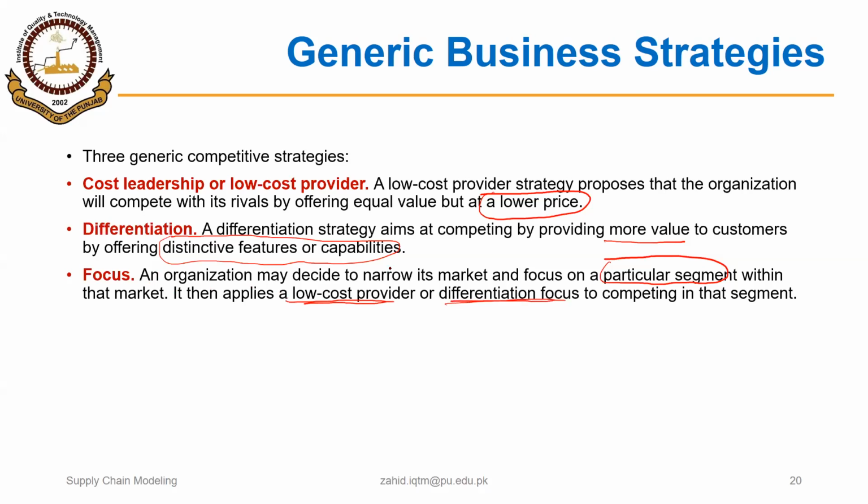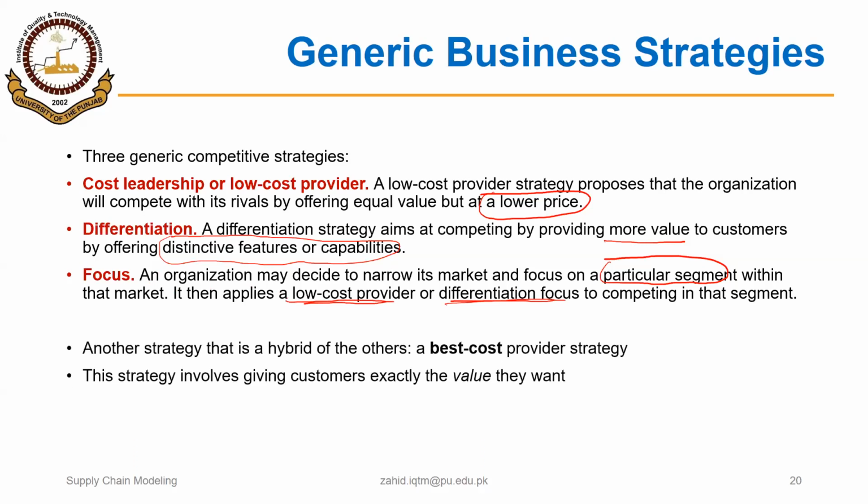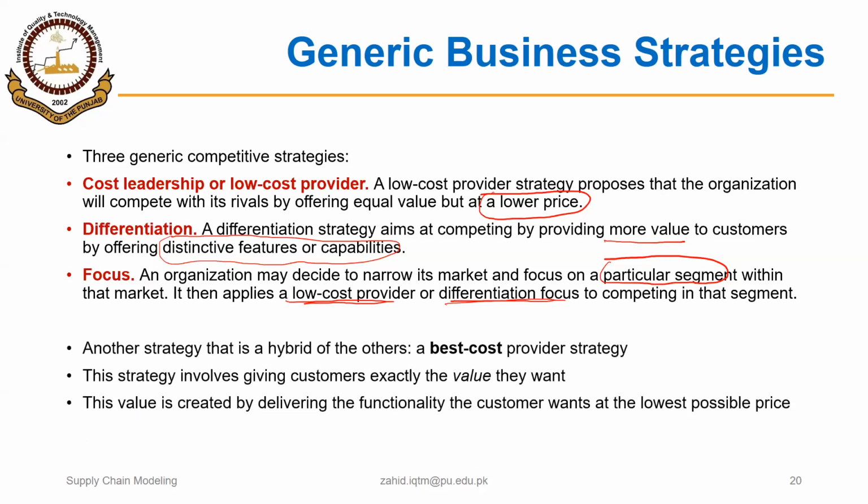So in a way, we have these four strategies. And the fifth one is best cost provider. This strategy involves giving customers exactly the value they want. This value is created by delivering the functionality the customer wants at the lowest possible price. Once you understand the first four, it will be easy to understand the best cost strategy.